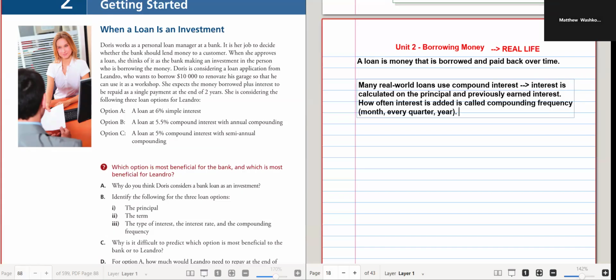We did establish that more frequent compounding means more interest. So if my loan, like a credit card, compounds daily, as credit cards do, the customer has to pay more money than if it compounded every month. So more frequent compounding means more interest.